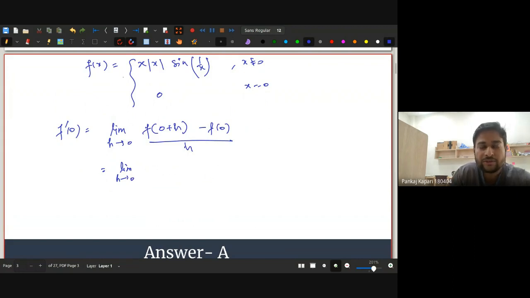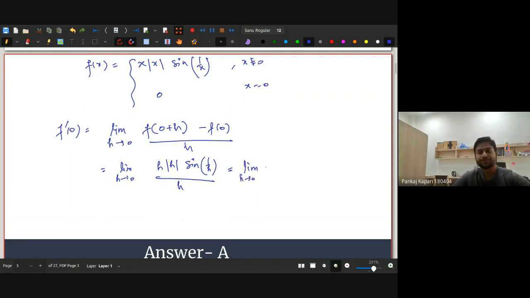Now we'll just apply the definition of the function. So f of 0 plus h is basically f of h, and by definition it is equal to h times mod h sine of 1 over h. And f of 0 is 0, so this is just divided by h, which is the same as limit h going to 0. You can see that the h we can cancel out. So we have mod of h into sine of 1 over h.